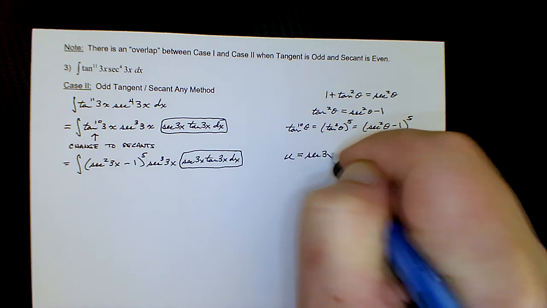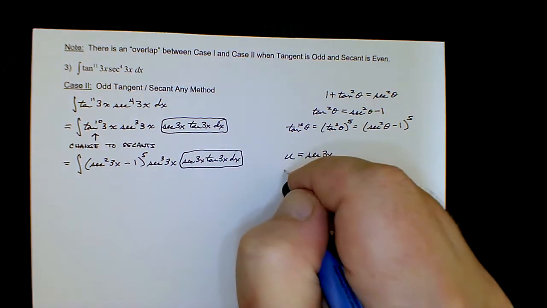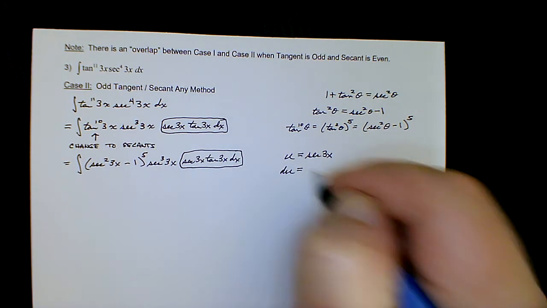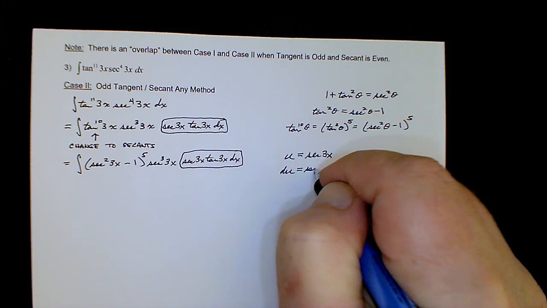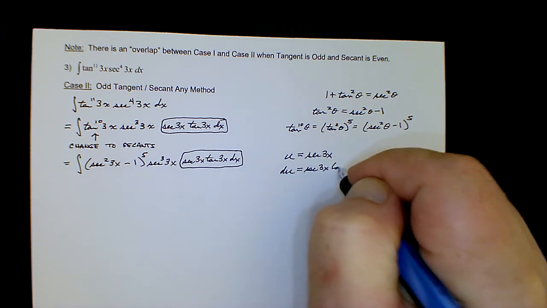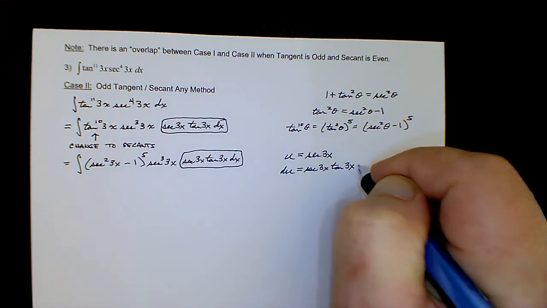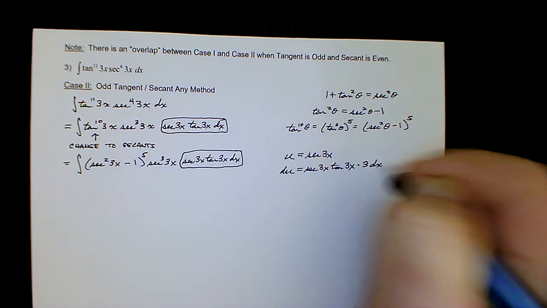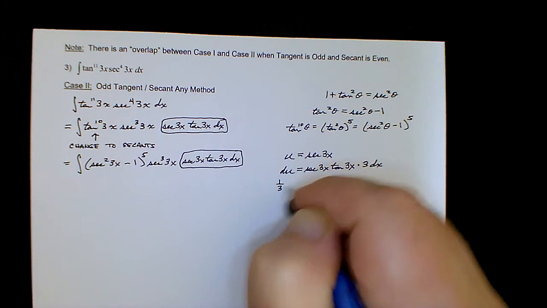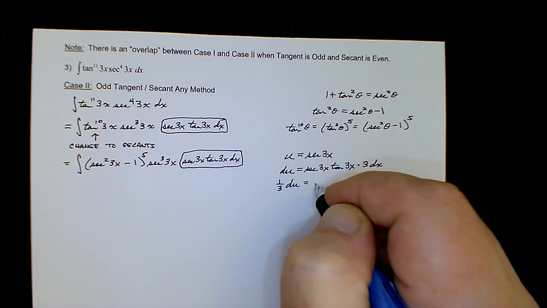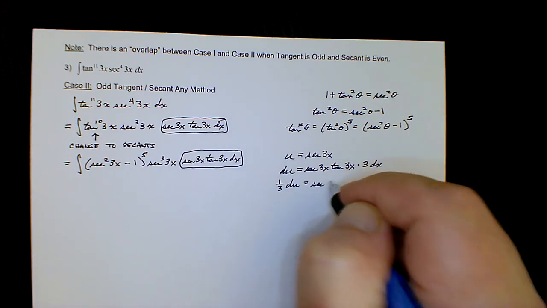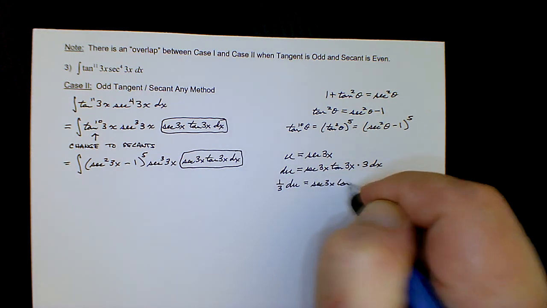So from here, hopefully you're finding it somewhat routine: du is secant 3x, tangent 3x, don't forget times 3, differential dx as well. Modifying, 1/3 du is secant 3x, tangent 3x dx.